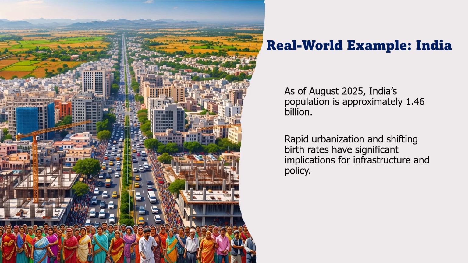Urbanization is accelerating, driving demand for housing, transportation, and healthcare, while shifting birth rates reflect evolving social and economic dynamics. Policymakers must balance development with sustainability, ensuring equitable access to resources and services.